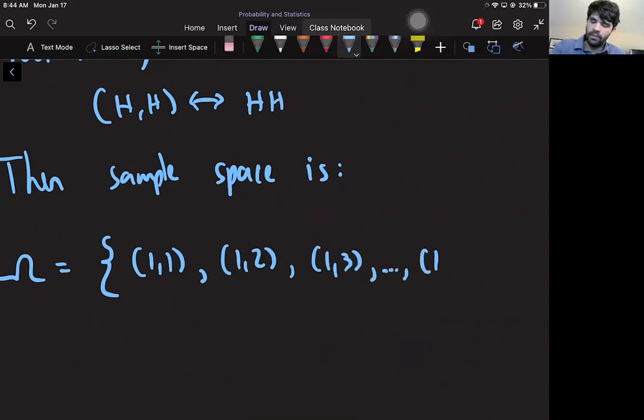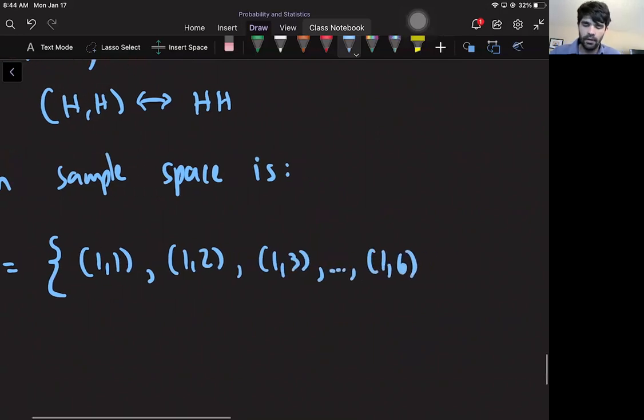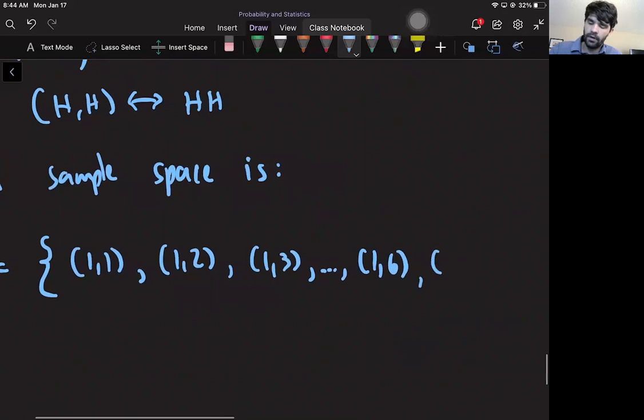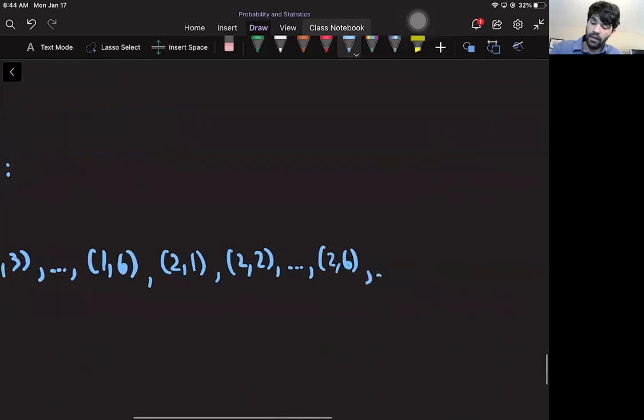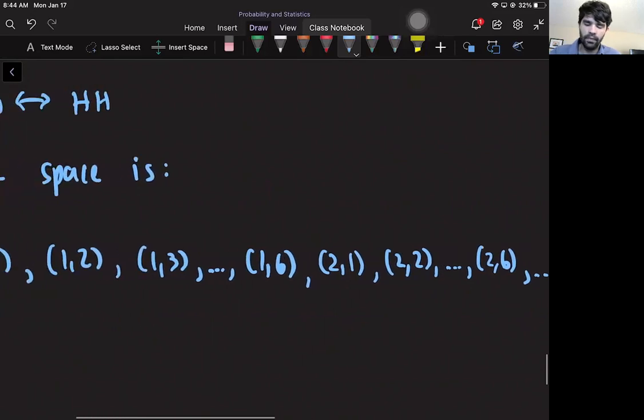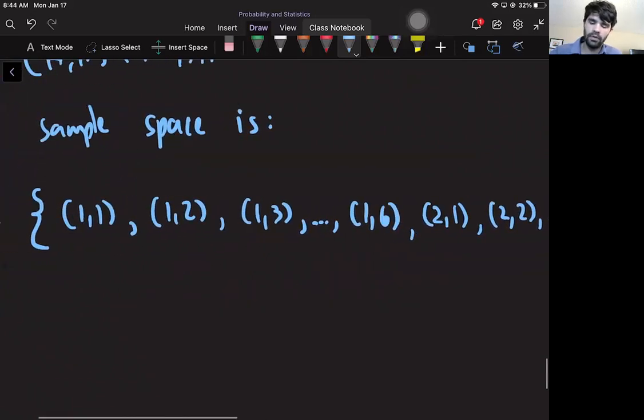So this will go all the way up to (1, 6). But then I could have started off by rolling a 2. And then I sort of get the same thing going on in the second coordinate until I go to 6. And then I go all the way until I basically just get (6, 6) at the end. So here I'm not going to list everything. I'm going to use ellipses.